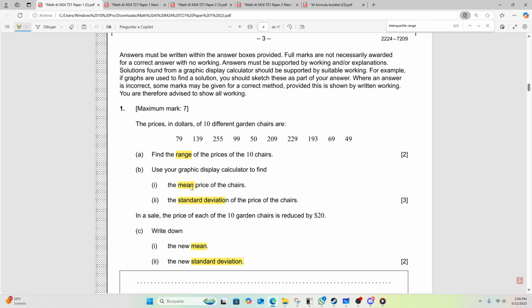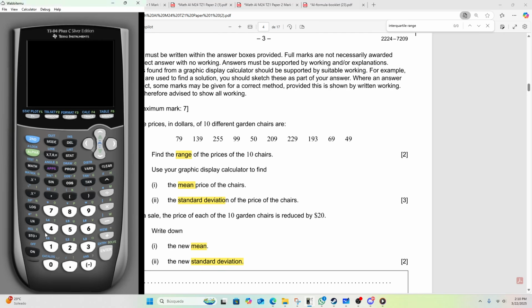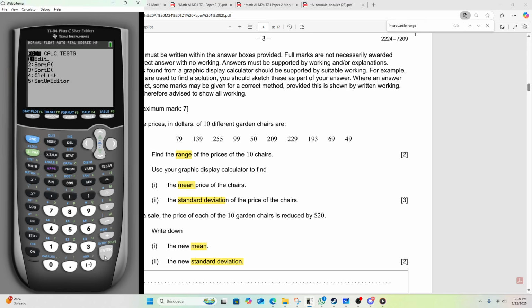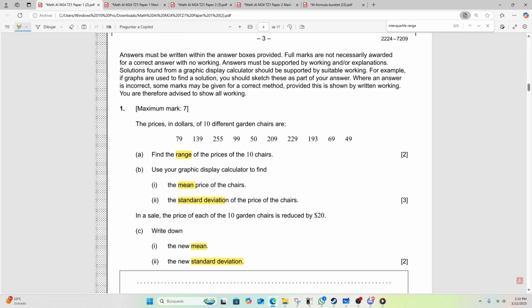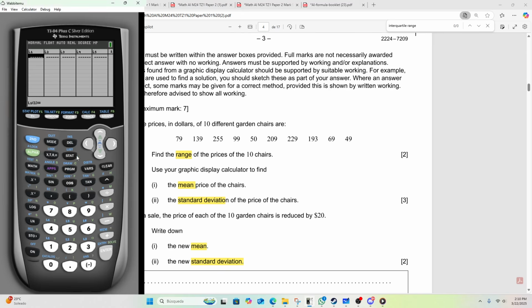You have a formula for mean, but not for standard deviation or range. And so this actually has a lot more to do with understanding your graphing calculator well. Again, I'm going to put an exercise like this in the description, but just to show you quickly, because I think it's worth it: for solving this, you can go to your calculator, click stat, then edit, and put in your list of data.